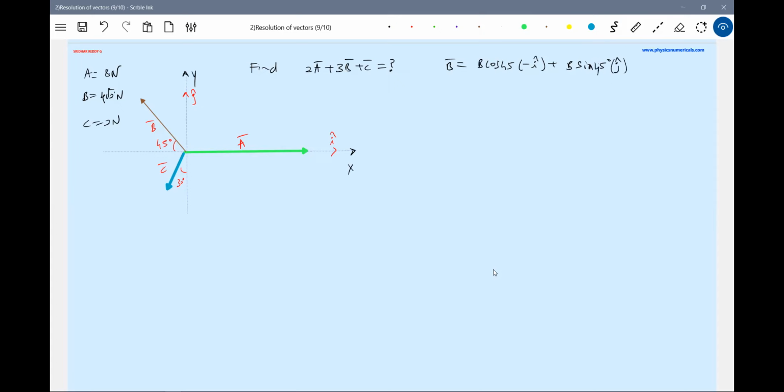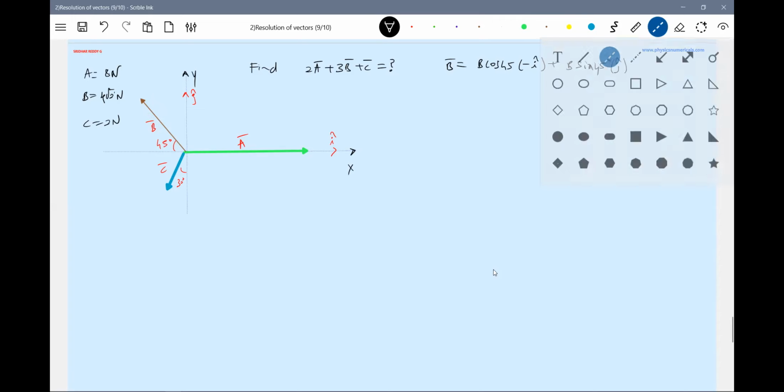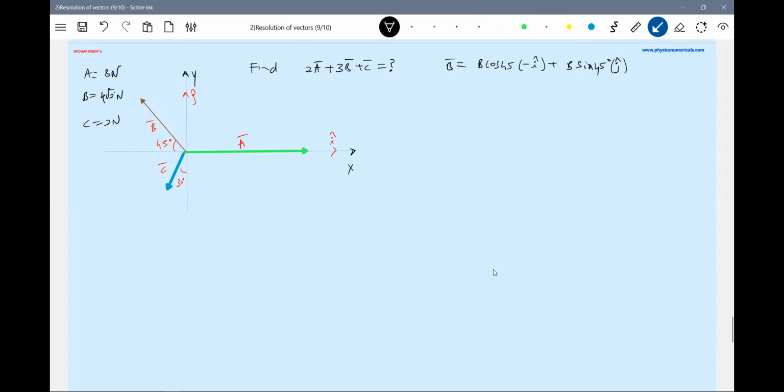What actually happened? This B bar vector, I'll split it up. There's a B bar, a component of the vector along negative x-axis, B cos 45, along negative x-axis, minus I cap.